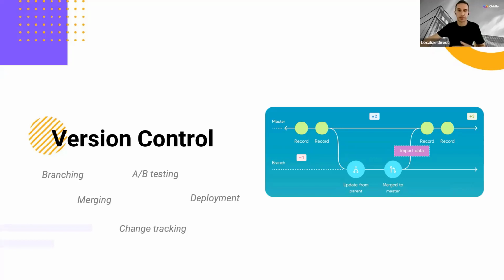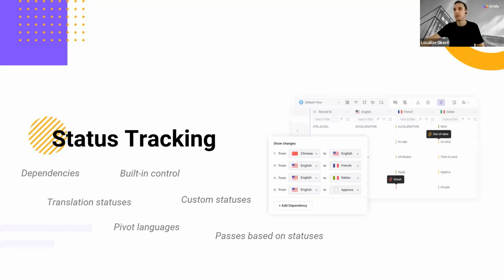This is particularly useful for example for A/B testing, or when you have staged rollouts, when you have an environment for development, staging, production, and you need to move content through those environments. So, version control.